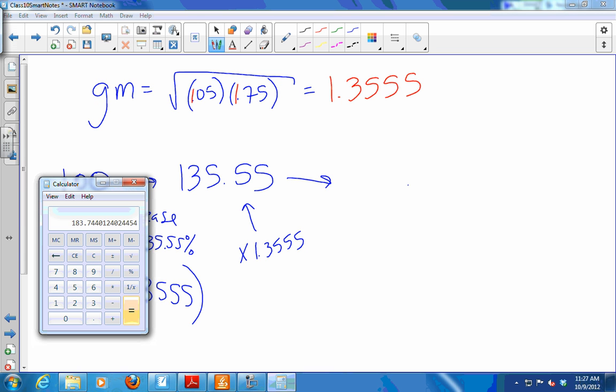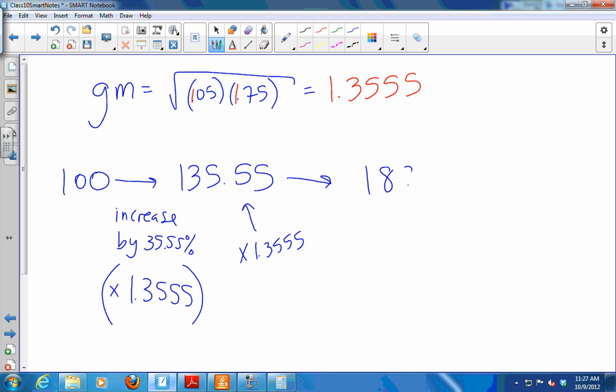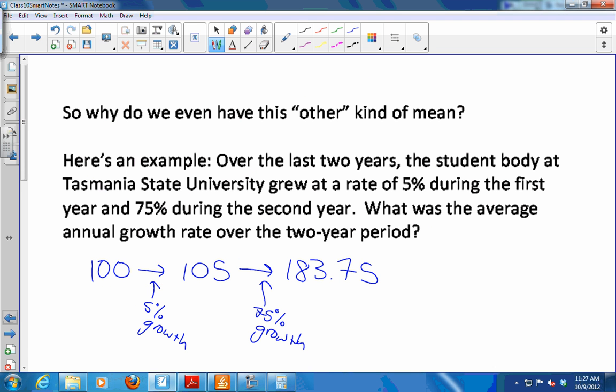And I get 183.74. So now that's a pretty good match. 183.74 compared to 183.75. Really close. We probably just rounded something a little different.